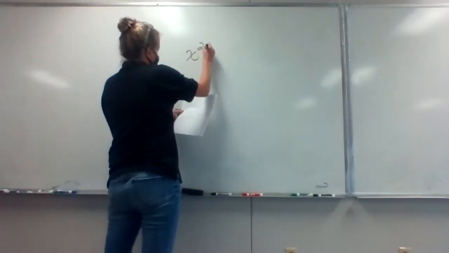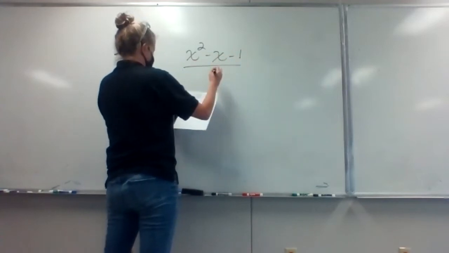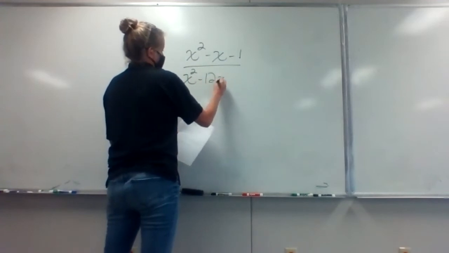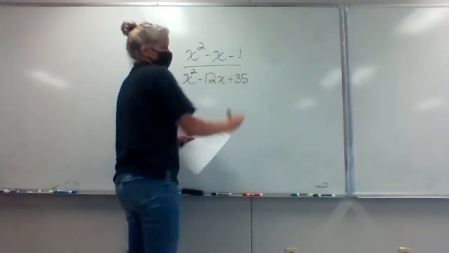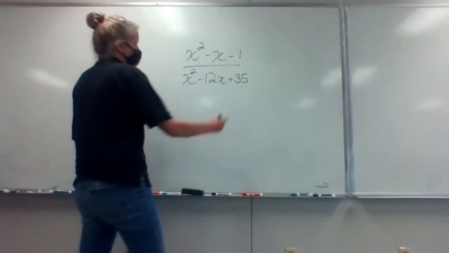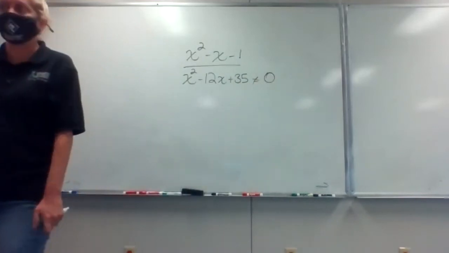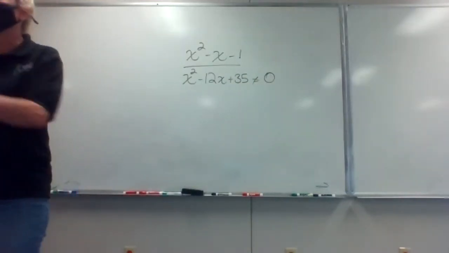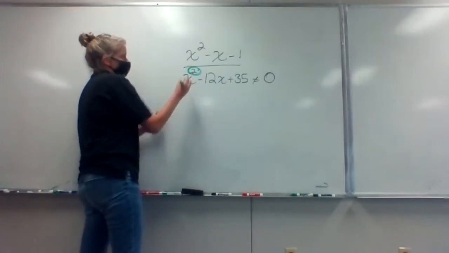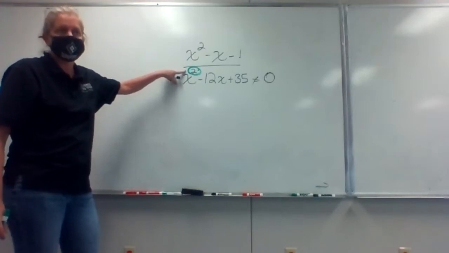Okay, but for what we're doing here, x squared minus x minus 1 over x squared minus 12x plus 35. So we're going to get 2 solutions here. Because still the denominator can't equal 0. And you're doing exactly what you're supposed to do. Because what are you doing when you're trying to find the answers to this? It's a quadratic. Right?